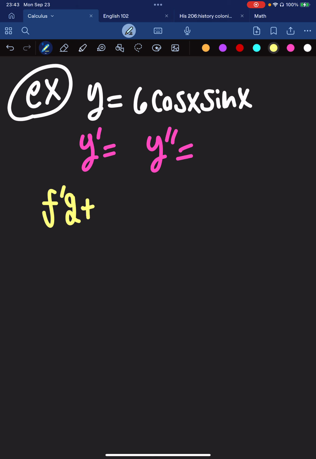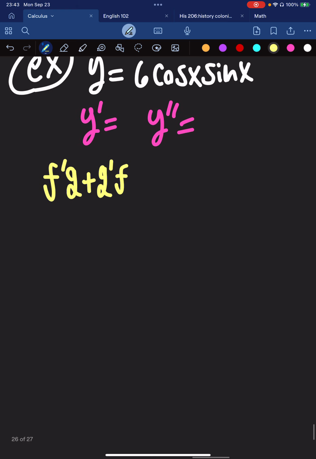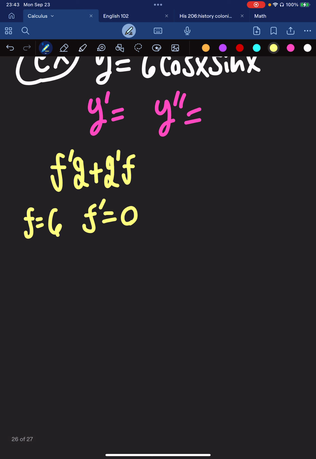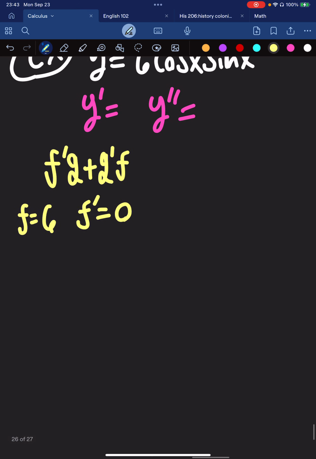And the product rule states f prime times g plus g prime times f will give us the derivative. So that's how you differentiate a product of functions. All right, so with that, we'll have f equals 6, f prime equals 0 because the derivative of any constant will equal 0.